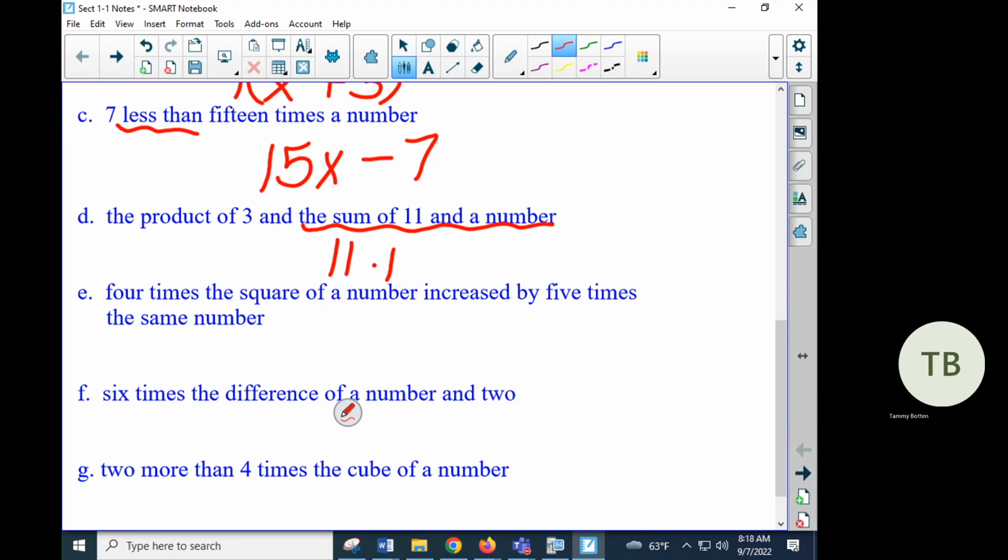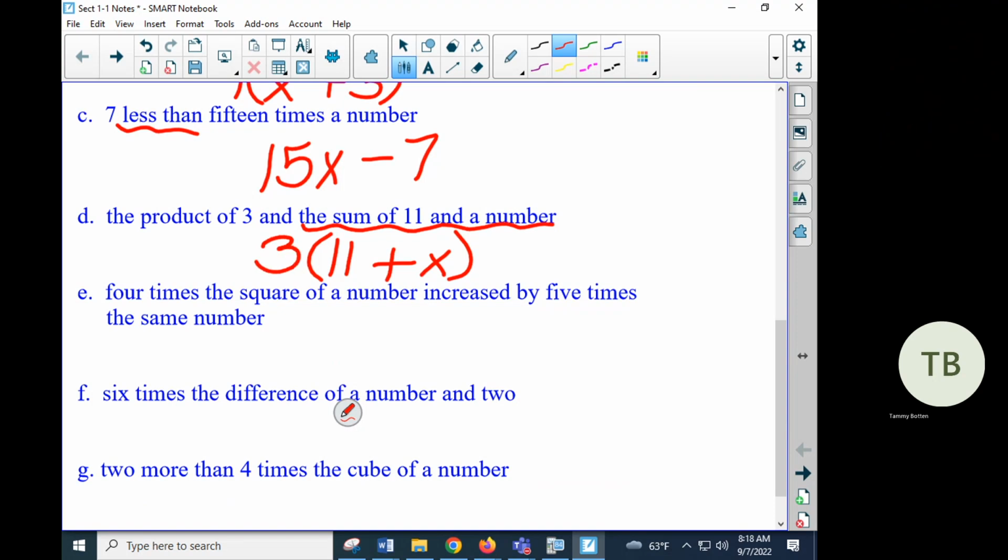So we're going to go 11 plus x or 11 plus n, and that does that. Now we want the product of 3 times this. Anyone have an idea what I would do? Yep, parentheses and put a 3 in front.